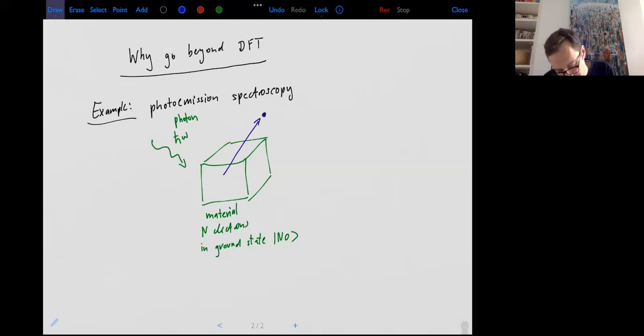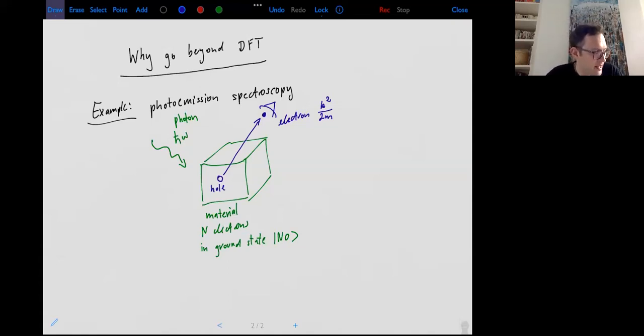If we put a detector somewhere here, we can measure, for example, the kinetic energy of that electron. What we have now, instead of a material with n electrons, is a material with n-1 electrons, because one is at the detector, or equivalently, a material with a hole.